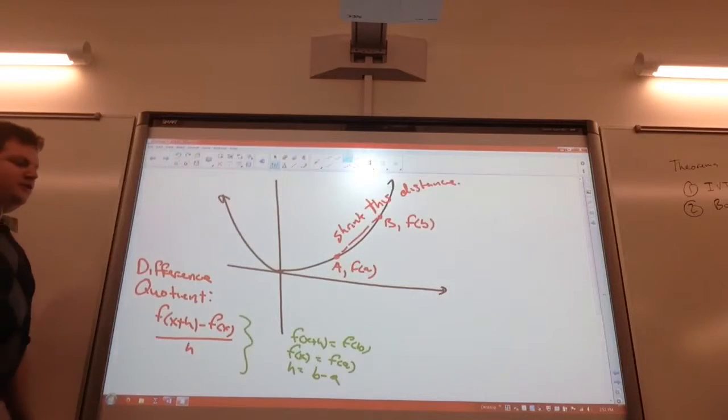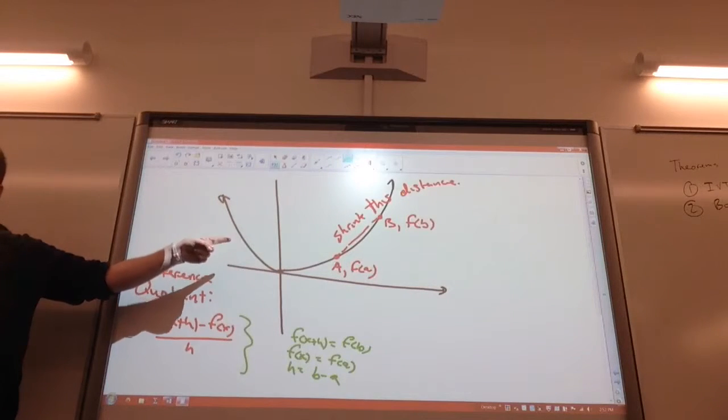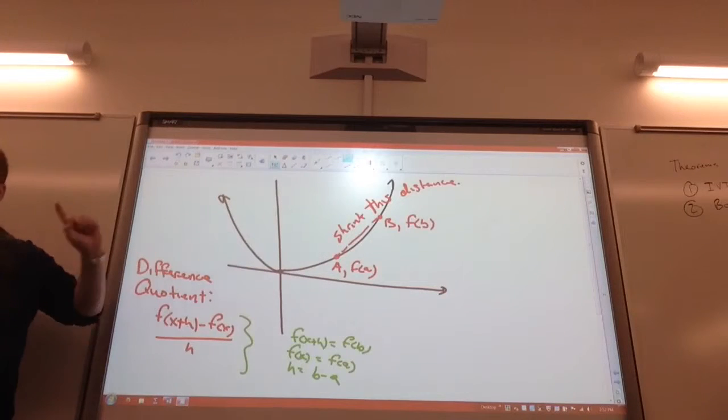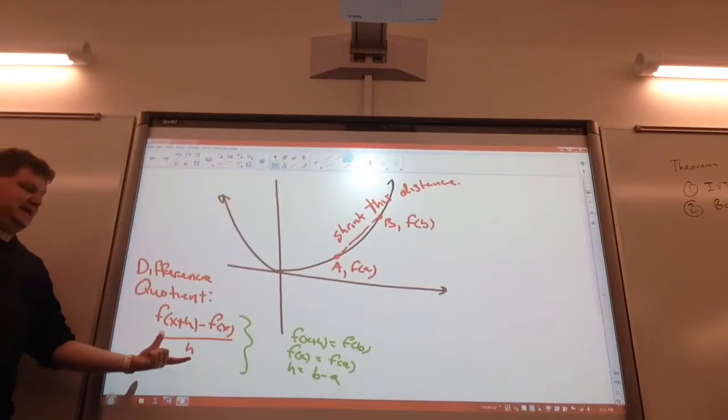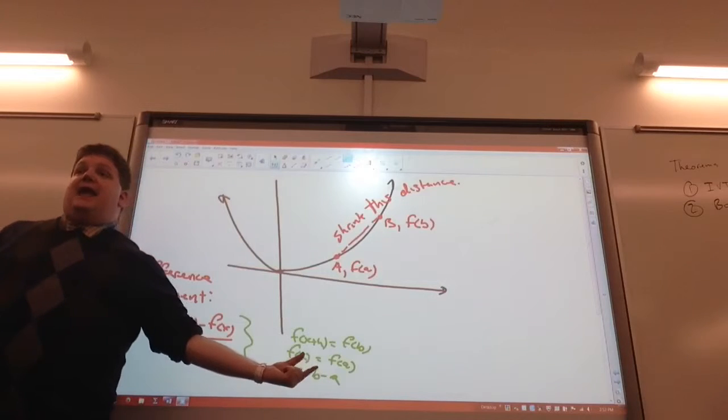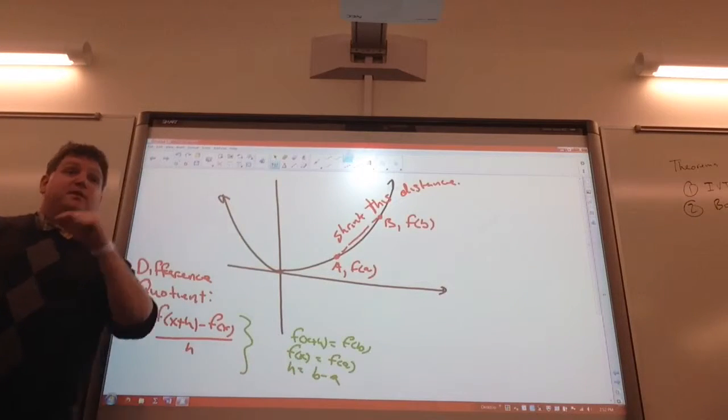Now the idea is, I can figure out the slope of a line tangent to this curve at point A by shrinking the difference between B and A, by making it go to 0. And that's where the limit comes in.